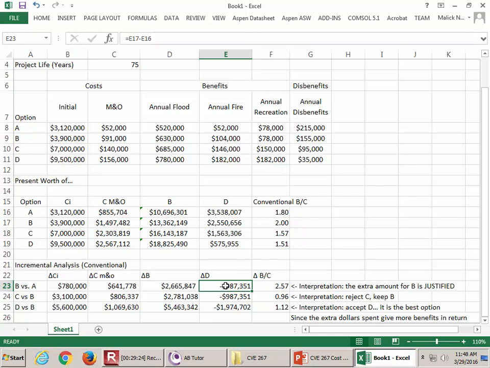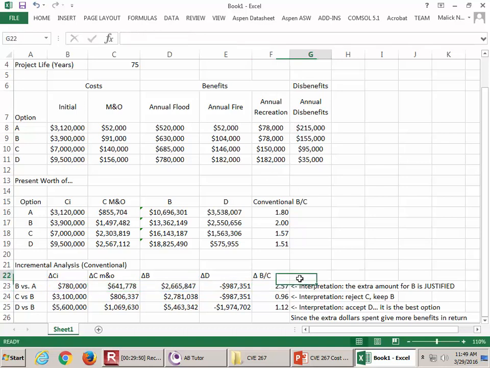So a minus sign on the disadvantages means that option B has less disadvantage than option A, so it should be a negative amount. When we put it into the incremental benefit to cost, it's the same formula as before. It's going to be benefits minus disbenefits in the numerator and initial and maintenance operation costs in the denominator.